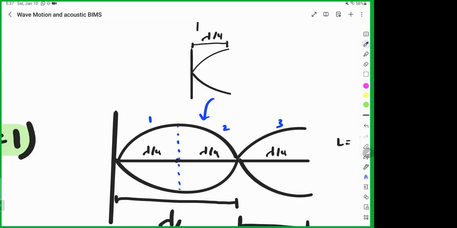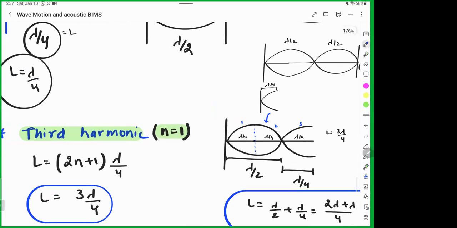Yes or no? That's why we call it the third harmonic. We don't have any second harmonic. You have one here, this will be the first harmonic, and then directly third, no second.